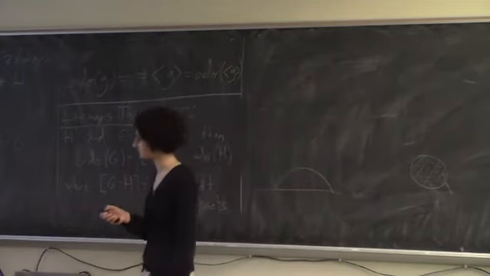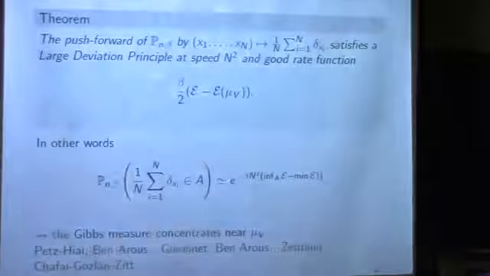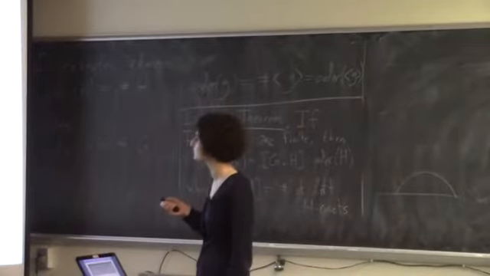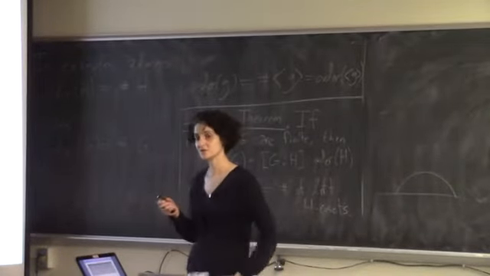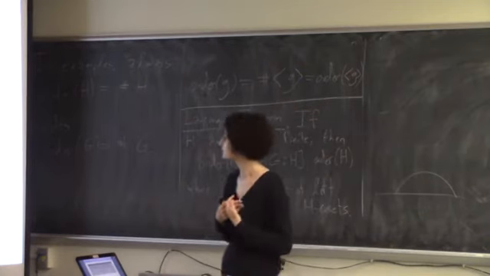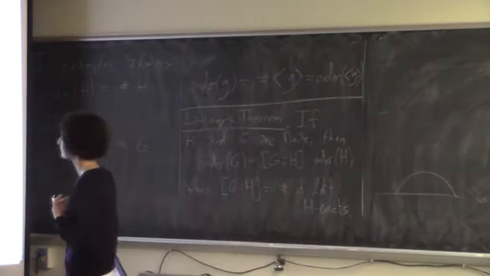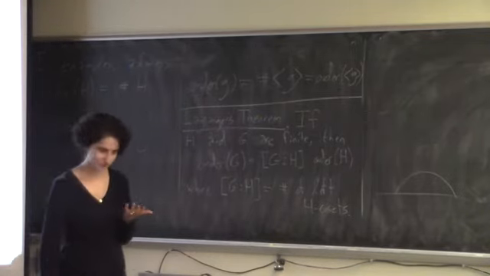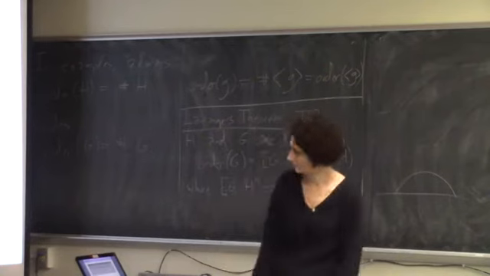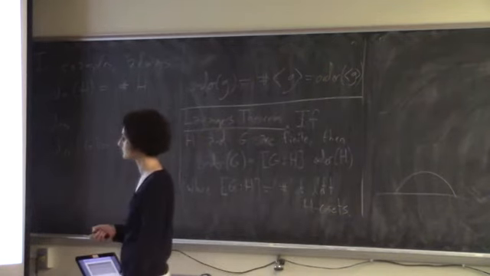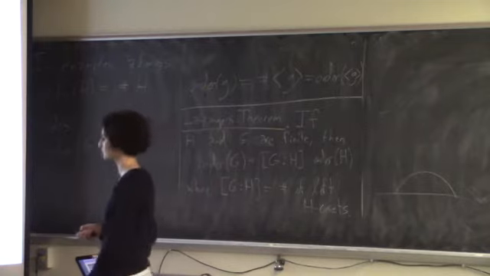This is stated in this theorem. This theorem is about the case with temperature. And it tells you that if you look at these empirical measures, now not only of minimizers of the energy, but of all possible states, then there is this thing that in probability language is called the Large Deviations Principle, with this rate function. And so if you don't know this probability language, this is the translation in common words.